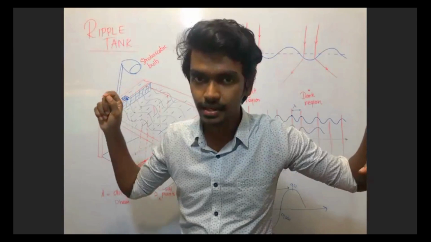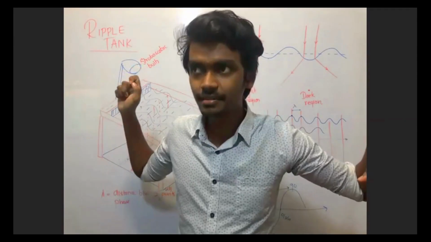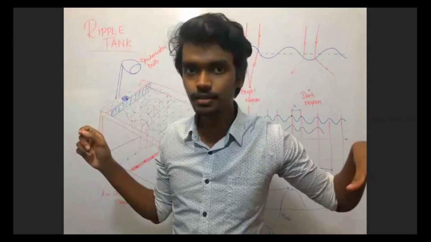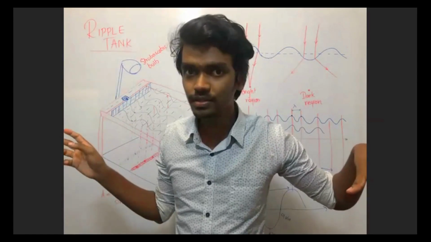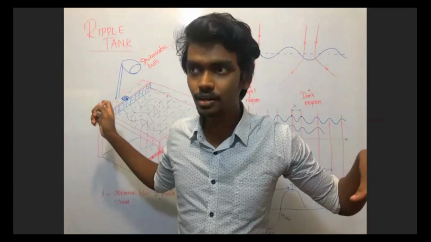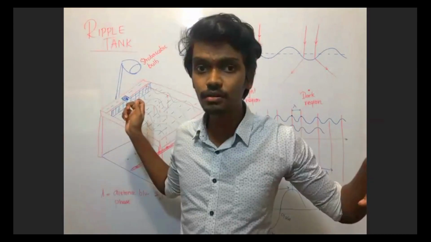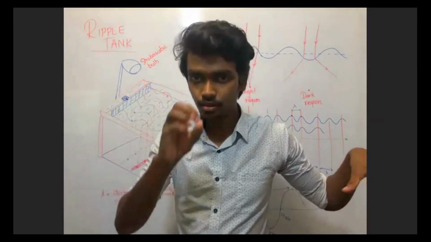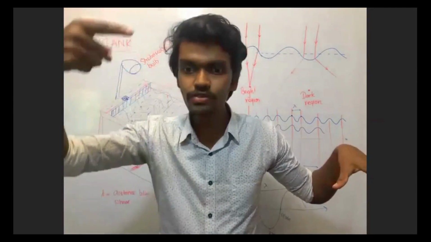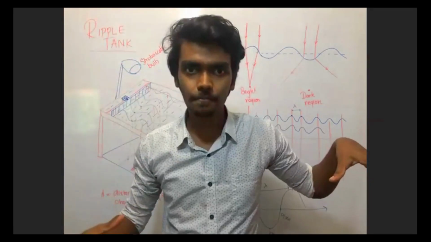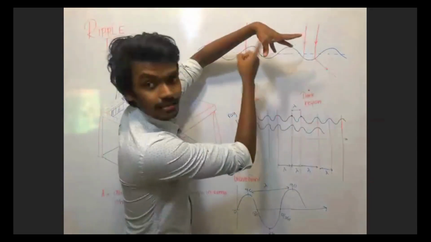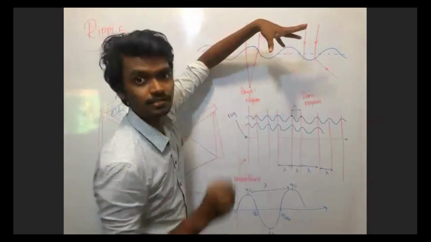So it's like this. If the vibrator has 2 Hertz frequency, that means what? 2 waves are propagated per second. Now, you make the frequency of this also 2 Hertz.